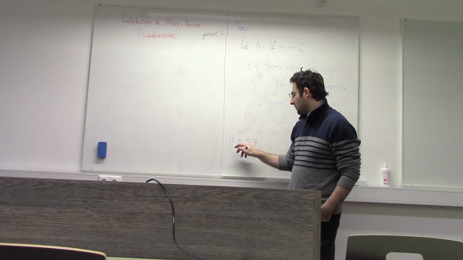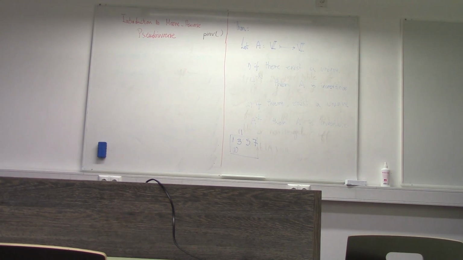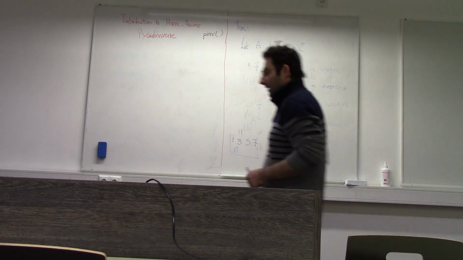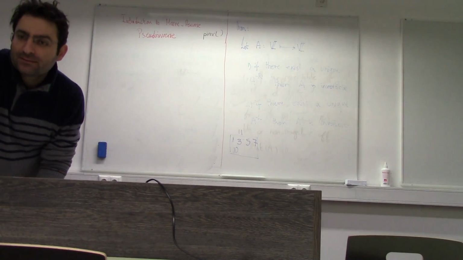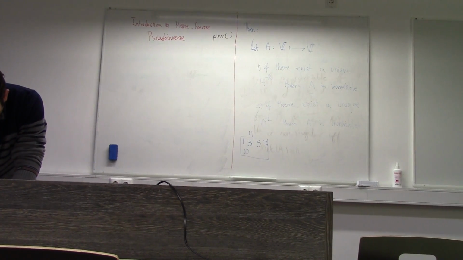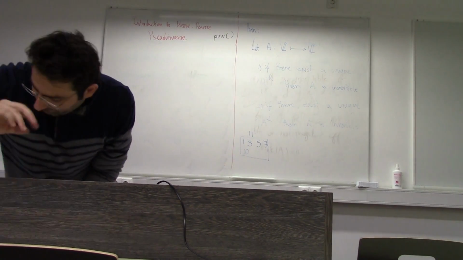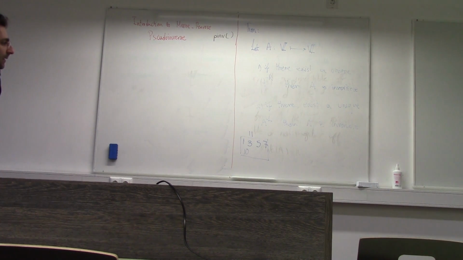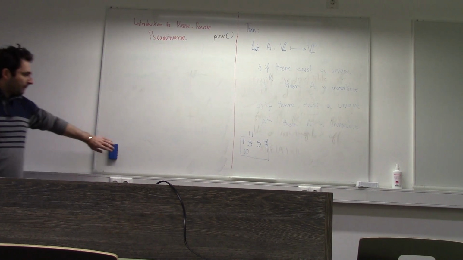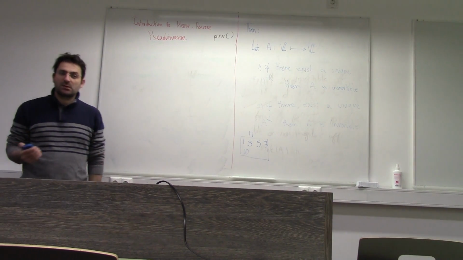So let me choose one also. 10, because difficult ones are at the end. So 1, 3, 5, 7, and 10. I will put the questions as usual into the module, and since I put it, you have 2 weeks to solve it.